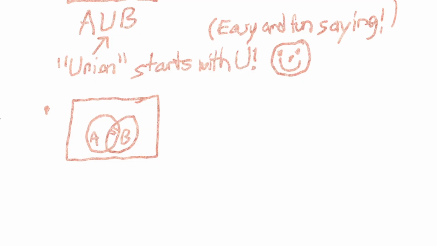And going back to the Venn diagrams, we'll look at another one. We just say this region right here where both A and B interact with each other.